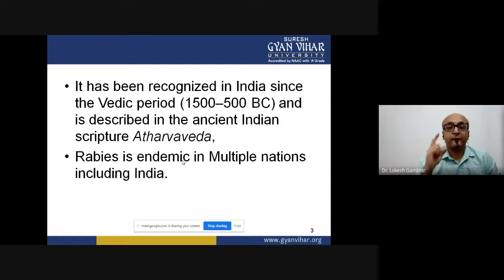Suppose the bite has happened on the leg, the viruses get into the muscles, they will start replicating, dividing, and there will be no symptom. Once the symptoms start coming, there is no turning back. There are very, very few reports of individuals who have managed to survive after the symptoms have started.